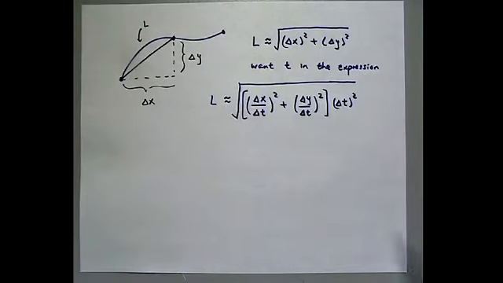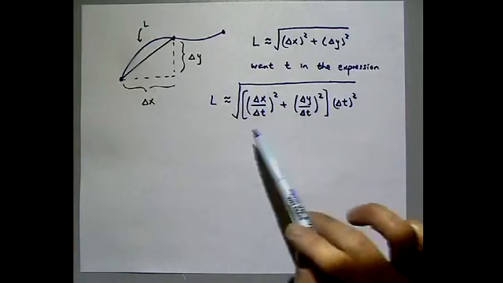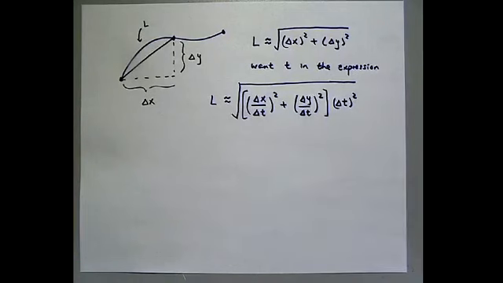So I divided both of them by delta t, but they're squared. So we really divided everything by delta t squared. And to balance that, we'll multiply a delta t squared back under the radical sign.